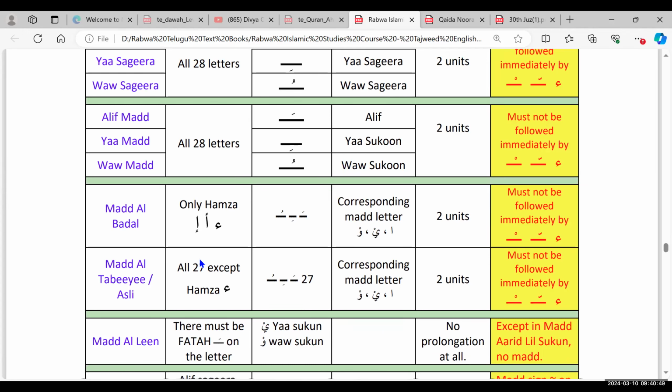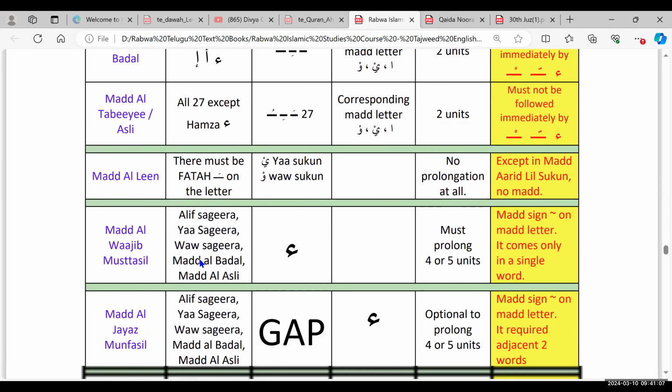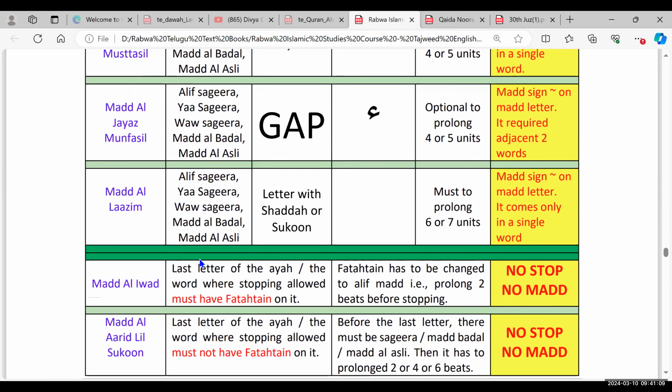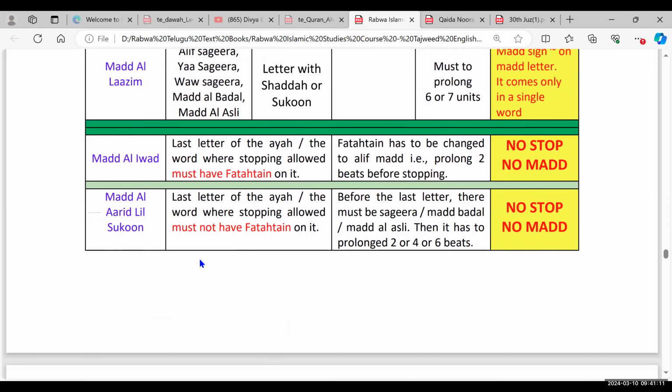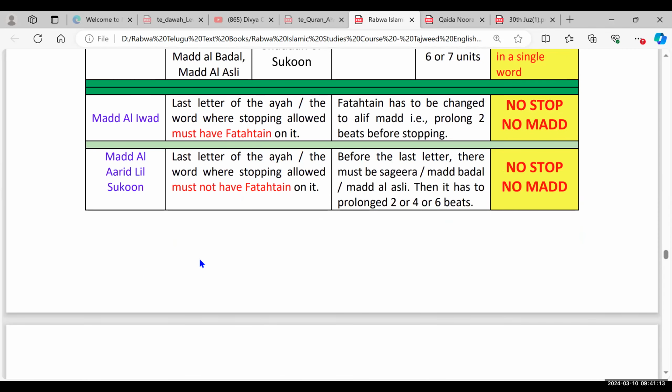Just write the name and try to recall what that rule is and how it has to be applied. So randomly, just select Leen, Ya Leen. You write Ya Leen on the paper. Recall what is Ya Leen, how it appears, what the structure is, how it has to be applied. That way, inshallah, you will recall the things, and then it will be easy for you to read properly with the Tajweed rules.